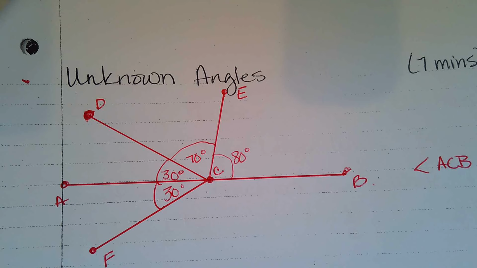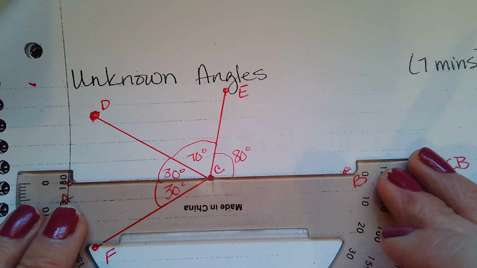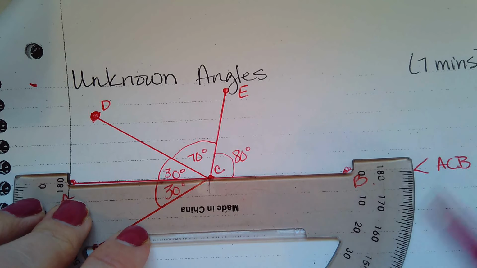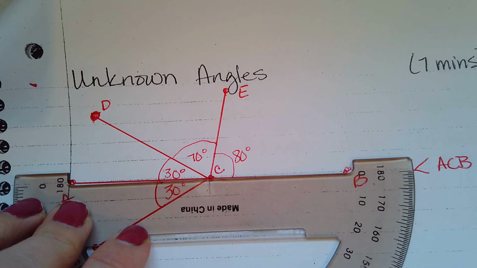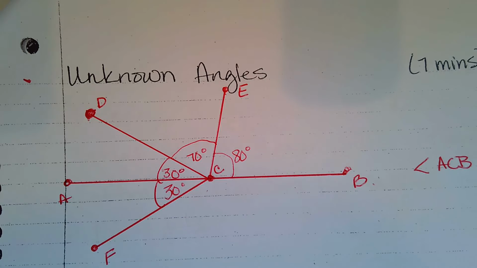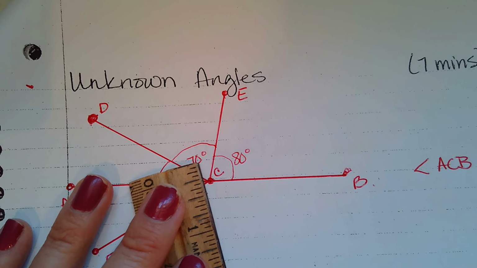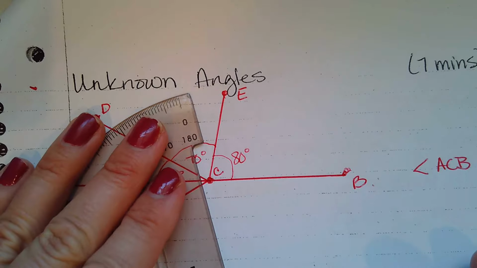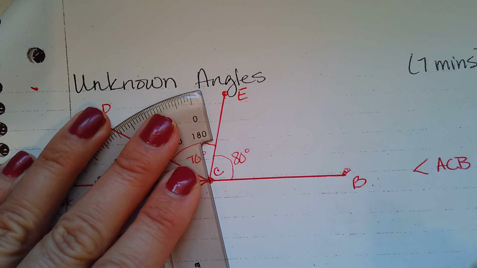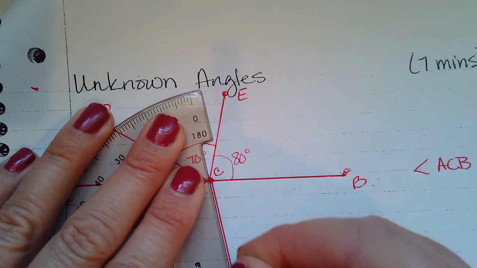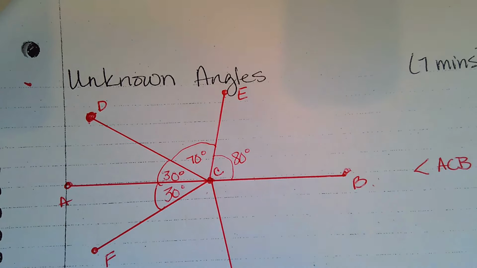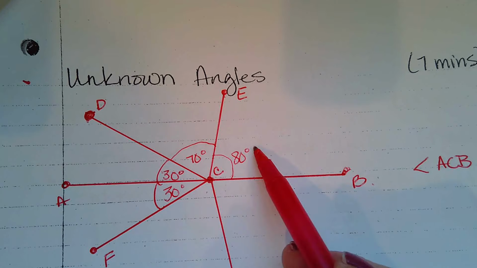All right. Now, what if we did this same thing on this side? Let's go ahead and try it. So here is your protractor. And now I'm going to go 80 degrees here. Now they're opposite angles.